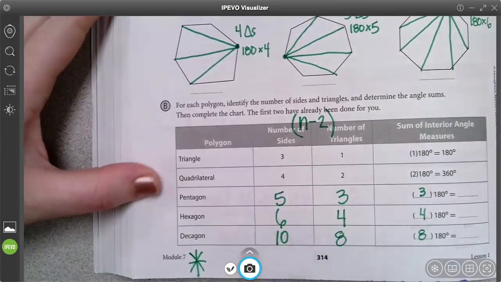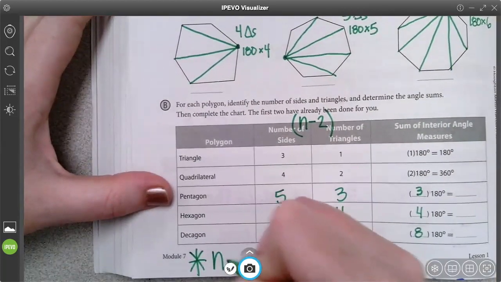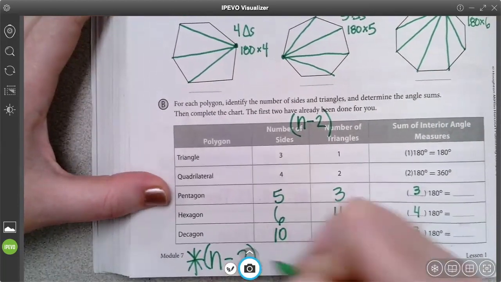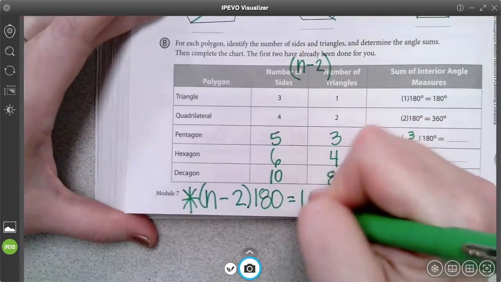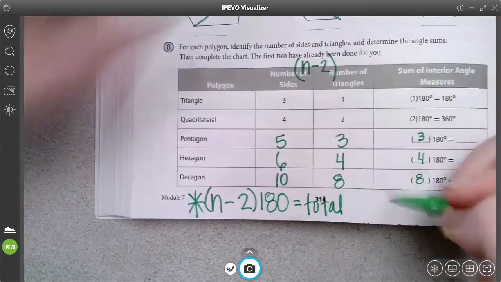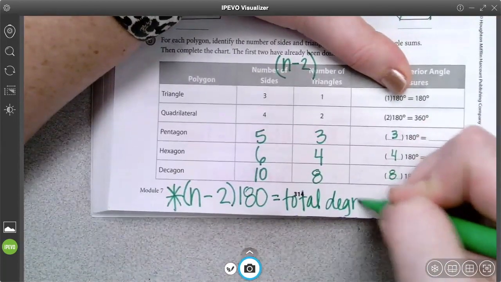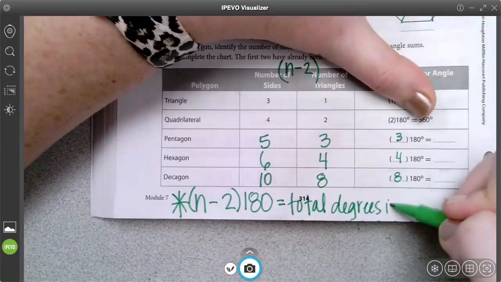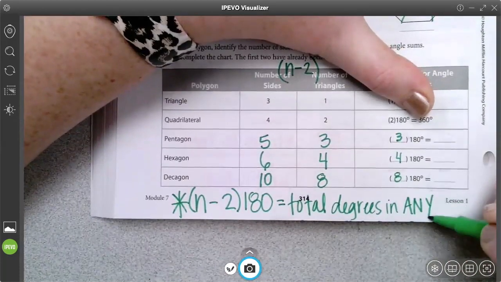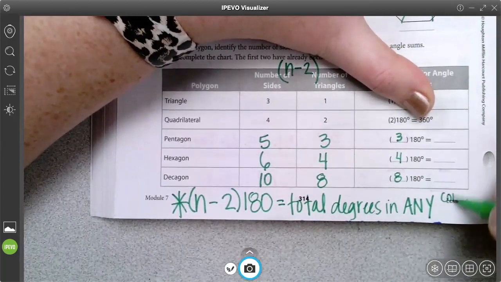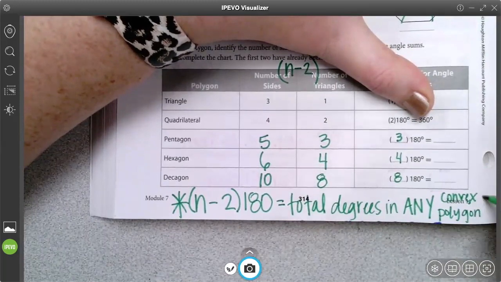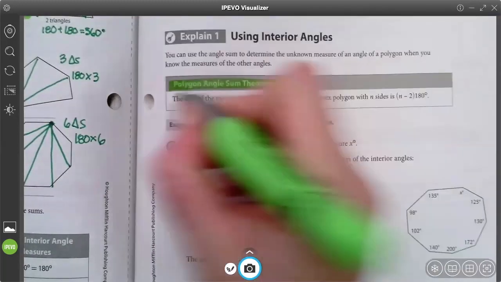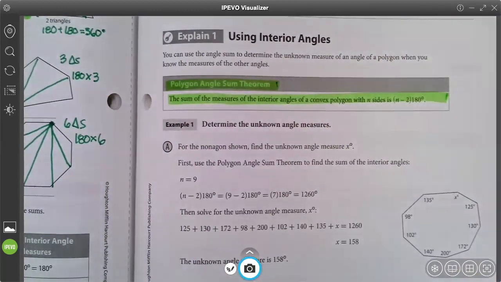The big star at the bottom, and we're going to put n minus 2 in parentheses times 180 equals total degrees in any convex polygon. Let's highlight this instead. There we go, n minus 2 times 180.